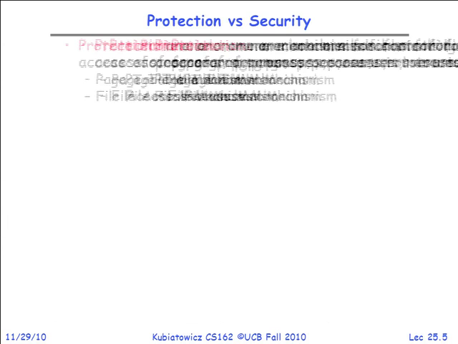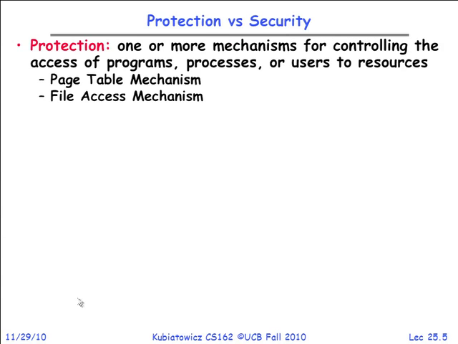But what I want to do is talk about protection versus security. And this is, again, a policy versus mechanism issue, which we've been talking about all term. Protection is really a mechanism issue: one or more mechanisms for controlling the access of programs, processes, users, whatever, to resources. Examples are the page table mechanism and the file access mechanism.